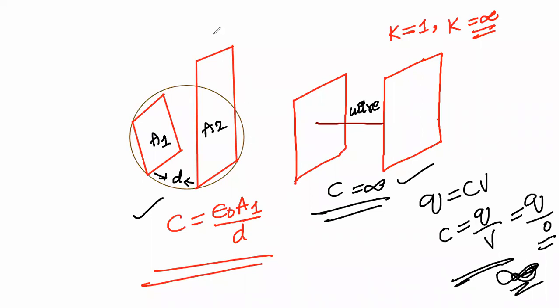So instead of that, they ask about N plates, alternate plates connected like that. These are the different plates. When alternate plates are connected, we have to take the number of capacitors.